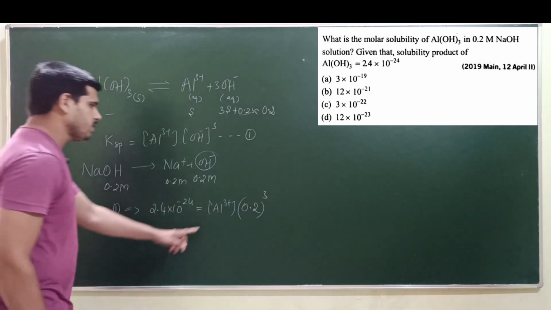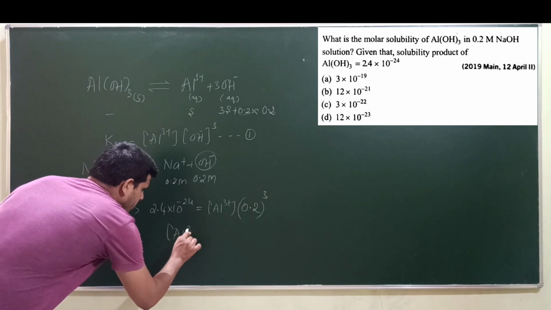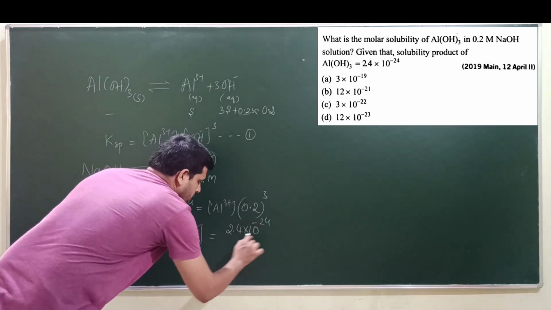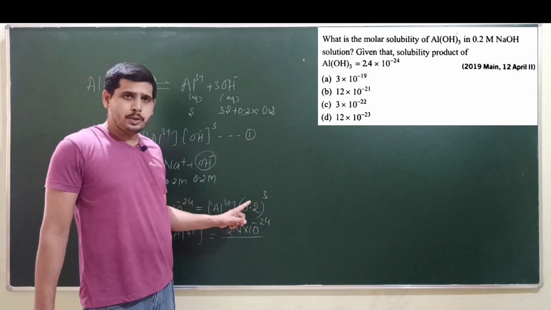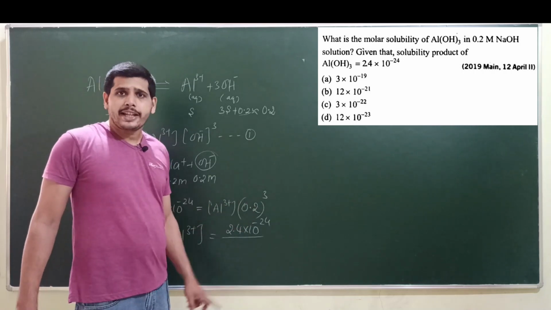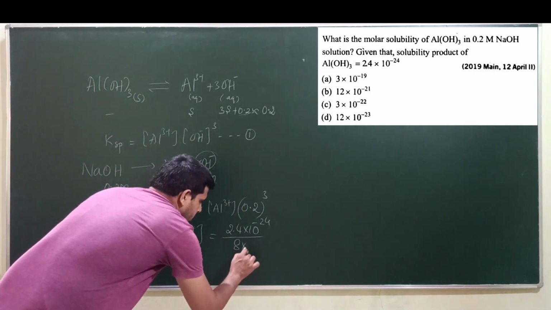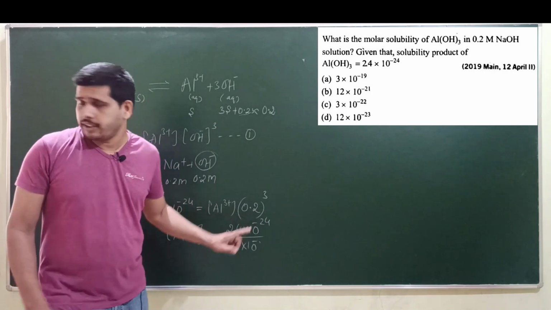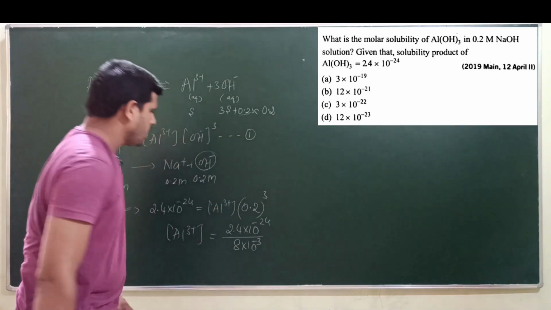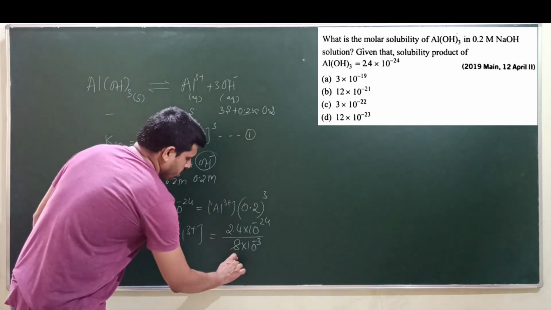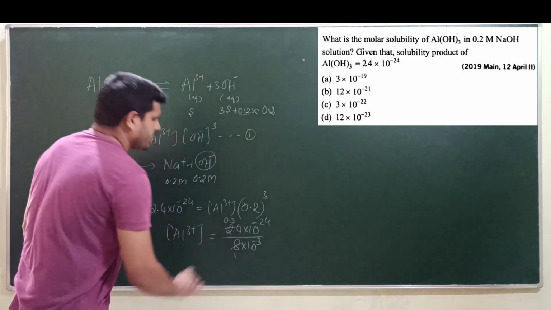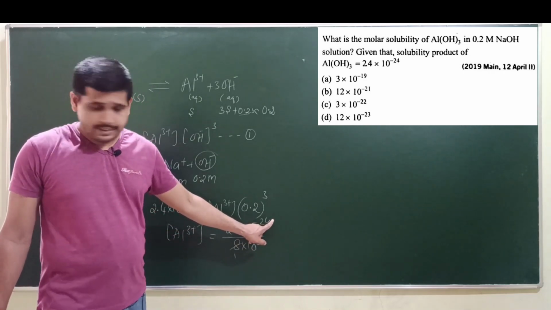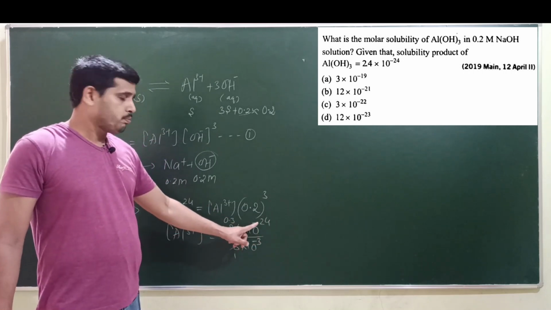So the aluminum ion concentration is 2.4 into 10 to the power of minus 24 divided by 2 into 10 to the power minus 1, whole cubed. 2 cube and 10 to the power minus 1 cube gives 8 into 10 to the power of minus 3. Now 2.4 divided by 8 is 0.3. Bringing 10 to the power minus 3 to the numerator, it becomes plus 3, and plus 3 and minus 24 give minus 21.